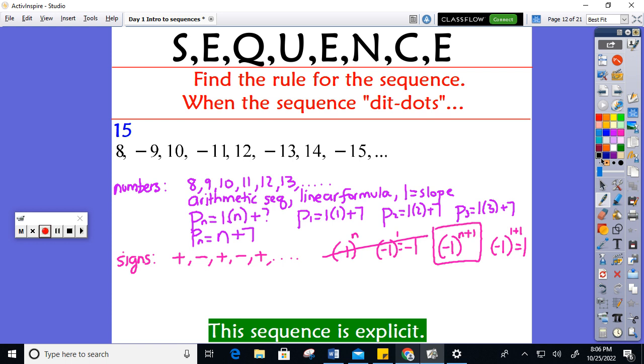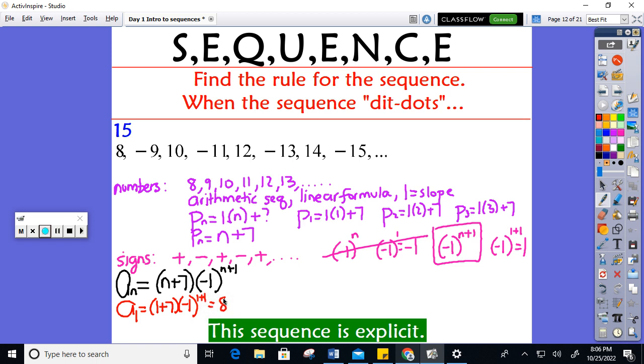Put it all together. Get the formula for the whole sequence: the formula for the number part times the formula for the sign part. Test the whole kit and caboodle to make sure you didn't go off course here. So a sub 1 is 1 plus 7 times negative 1 to the 1 plus 1.